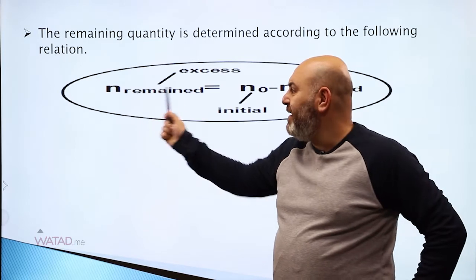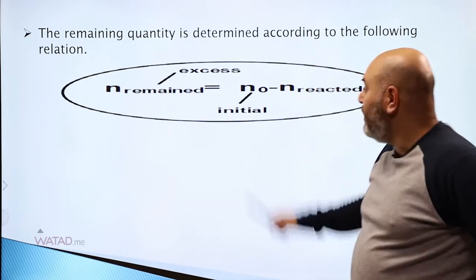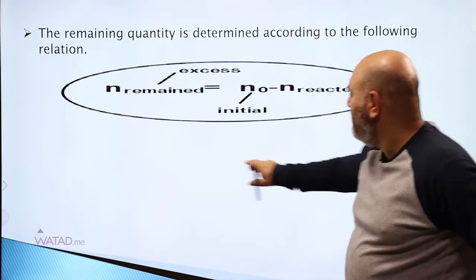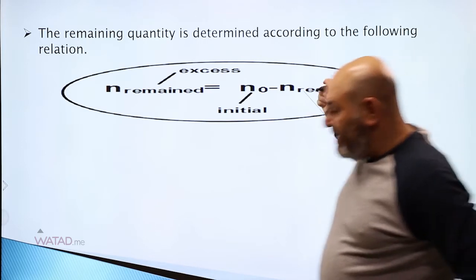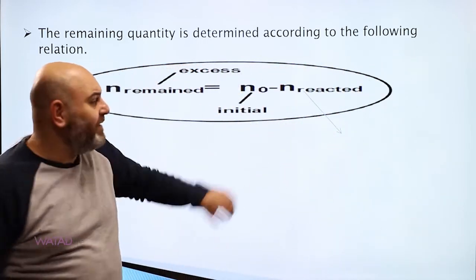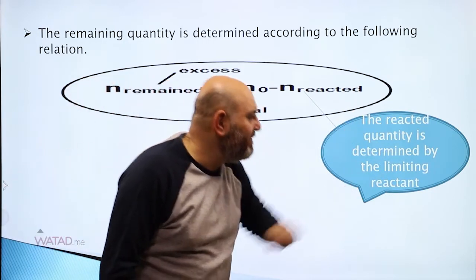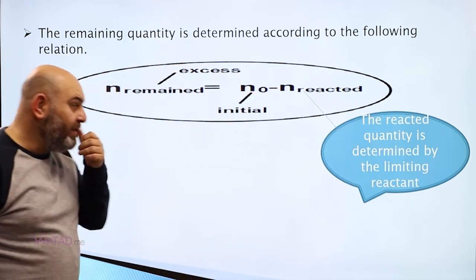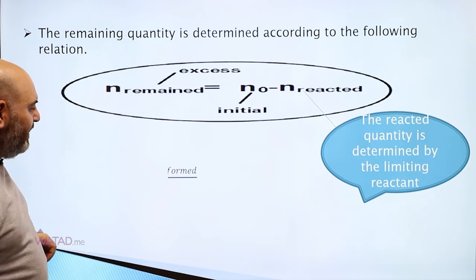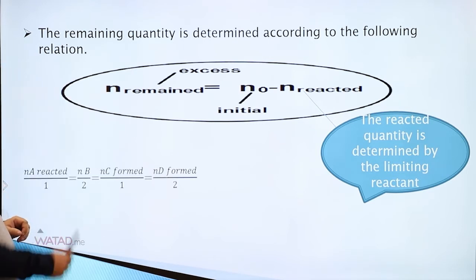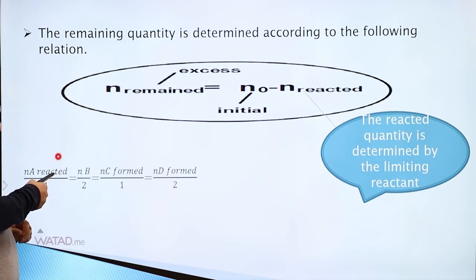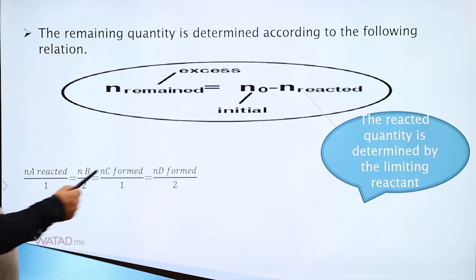We said n remained or n excess equals n initial minus n reacted. This reacted, how are we going to find it? We will find it from the limiting reactant.